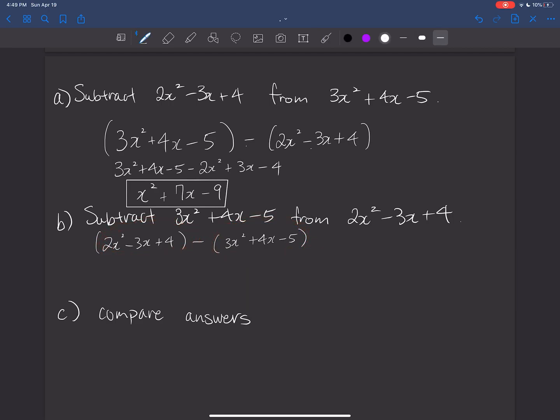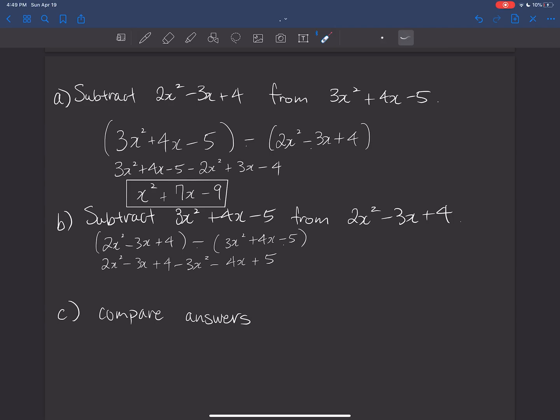Okay, and we take everything out of the brackets. So 2x squared minus 3x plus 4. And let's put a negative sign in front of all the terms inside this set of brackets. So minus 3x squared minus 4x, and the negative and negative cancel, so plus 5.